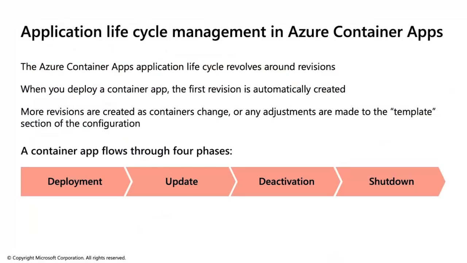Generally, when you deploy a container application, it flows through 4 different phases. These phases are deployment, then update, then deactivation, then shutting down. Let's see what we get in this.